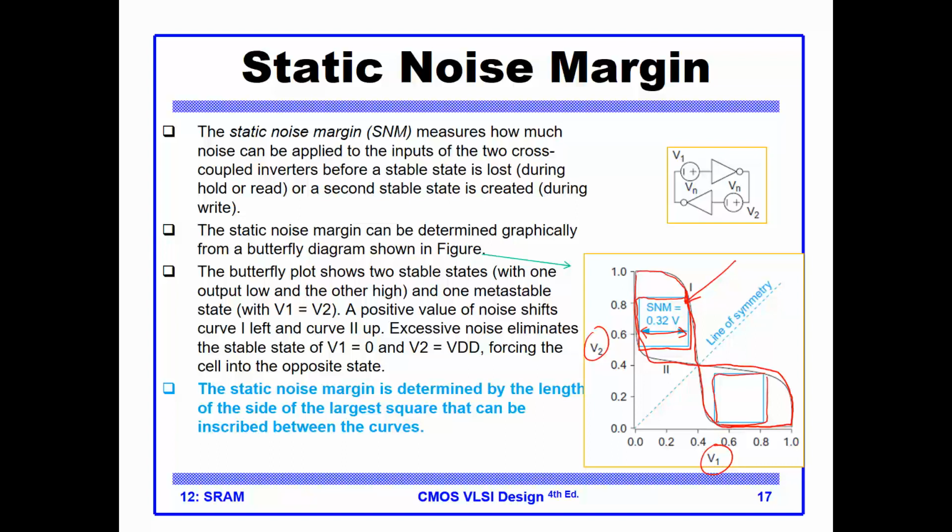So for instance, in this circuit, if I inject a noise of 0.4 volt, then I risk moving the stored information from 0 to 1 or 1 to 0 erroneously. Well, of course, what happens if I inject less than that? What if I inject a noise of 0.2 volt? Well, the circuit has a recovery mechanism, so it will recover very nicely.